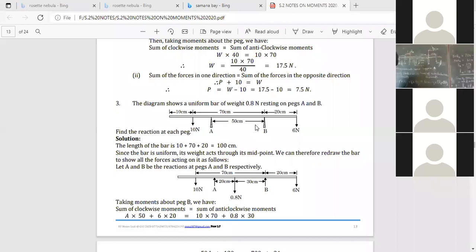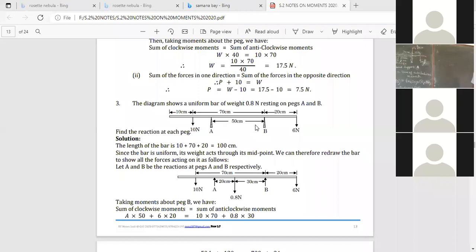So what do we have? 16 plus 540 is equal to 200 plus 50 RB. Okay.